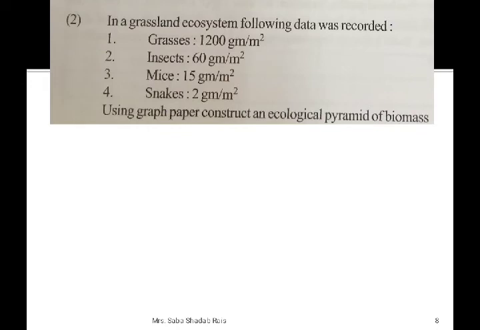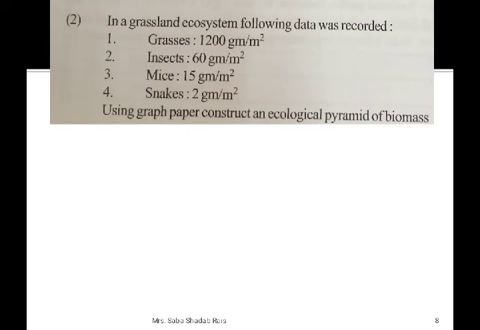So here one example is given. In a grassland ecosystem, the following data was recorded. The grass is 1200 gram per meter square. Now see, this is a grassland ecosystem, so the amount of grass present is 1200 gram per meter square.